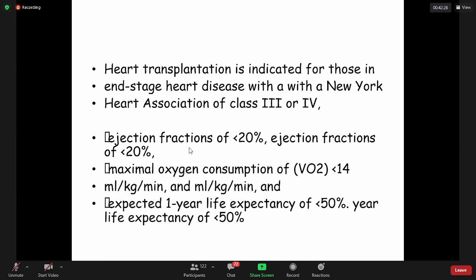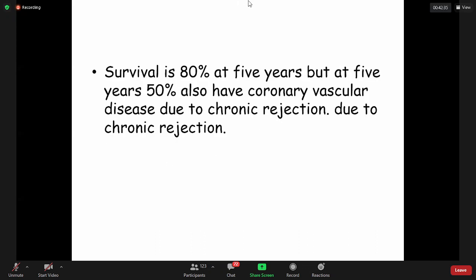The first heart transplant was conducted in Africa at the University of Cape Town. The survival is 80% at 5 years, but at 5 years, 50% of these people already have coronary vascular disease. So you remember what we talked about in chronic rejection.